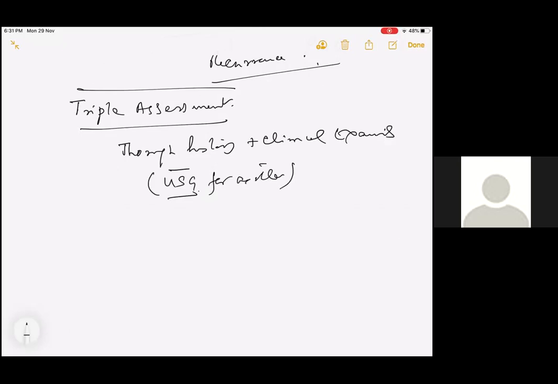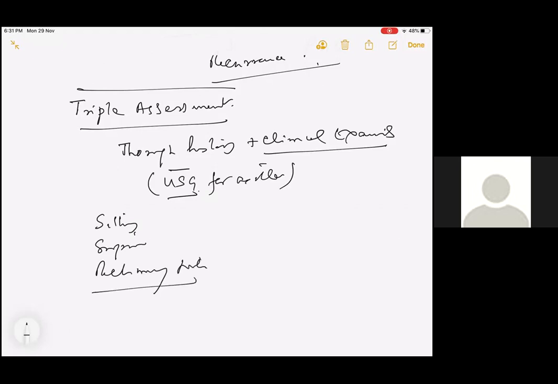So it should be clear. Thorough history, which includes family history, treatment history, reproductive history, everything. Thorough, therefore. Don't use the term history alone; history is an incomplete term. Thorough history. Clinical examination in sitting, supine, and reclining position.